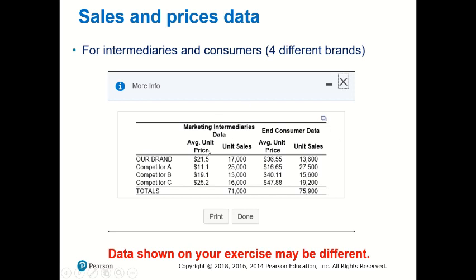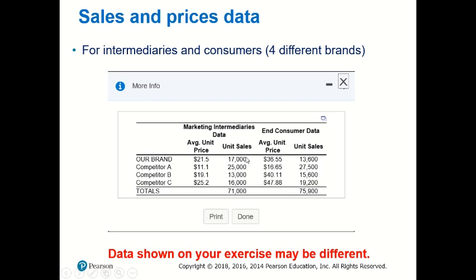So here we have two participants, or two levels of channel participation: intermediaries and the final consumer. So what we see here, for instance, for our brand, we have information about the average unit price, for how much we sell our products on average to these intermediaries, and how many units they purchase from us.